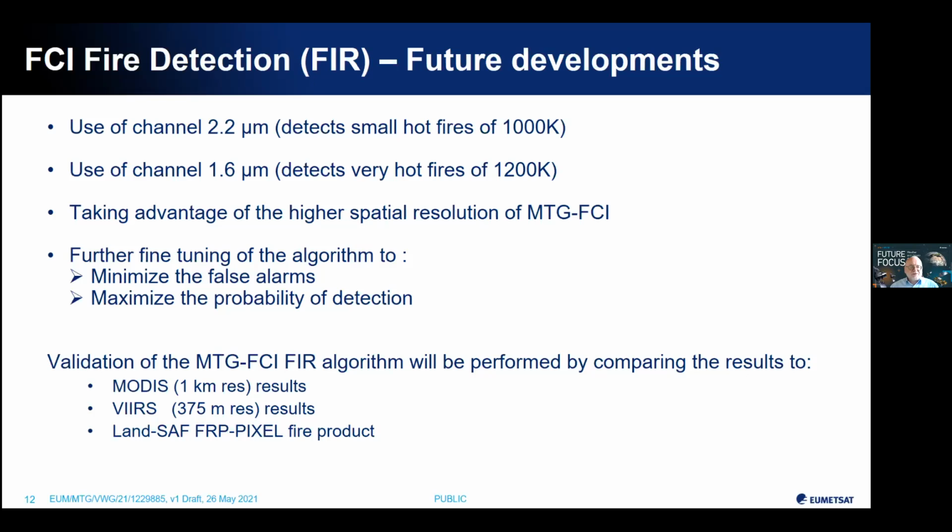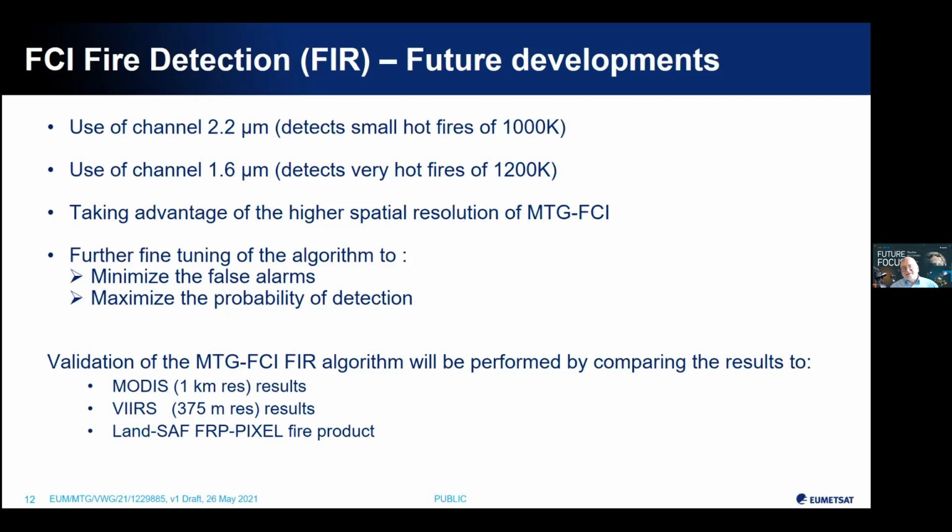And of course, we want to take advantage of the higher spatial resolution of FCI. We have to start at 2 kilometer resolution, and when we get the okay to use the 1 kilometer resolution data, we will do that. And of course, we are planning further tuning of the algorithm to minimize the false alarms and maximize the probability of detection.